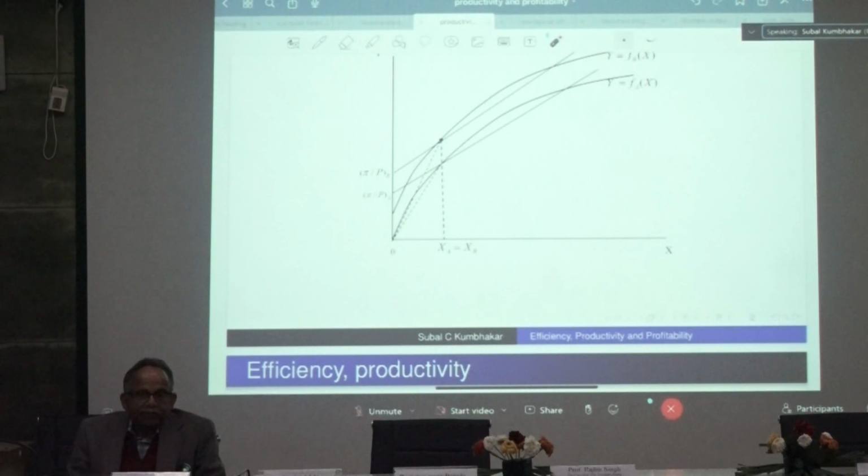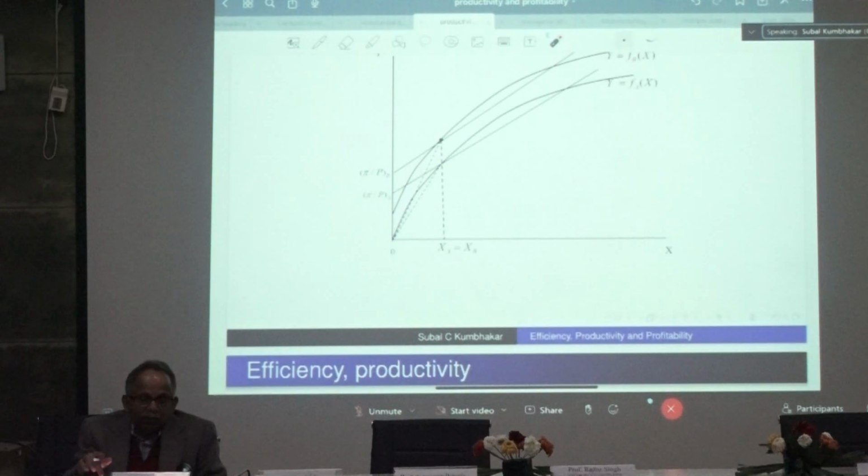Okay. So again, coming back to the point that I was talking about, you can do some small tweak in the technology of production, and that is going to be indicated by a shift, meaning your productivity is going to be higher. And if your productivity is higher, you can also relate it to profit, because your profit is also going to be higher.